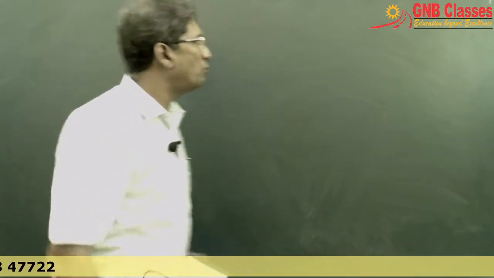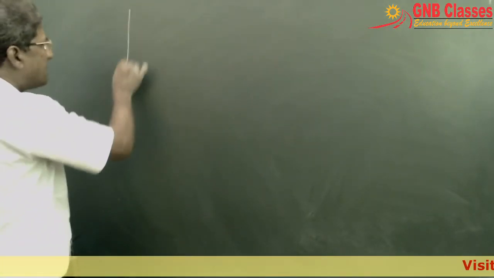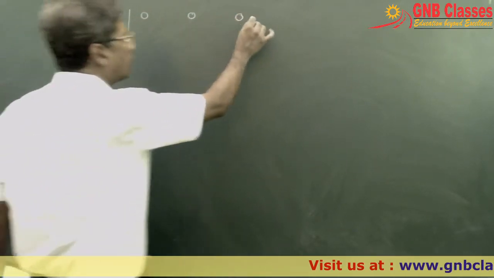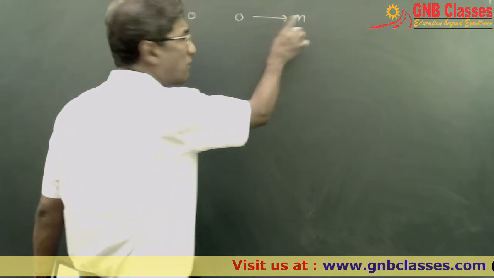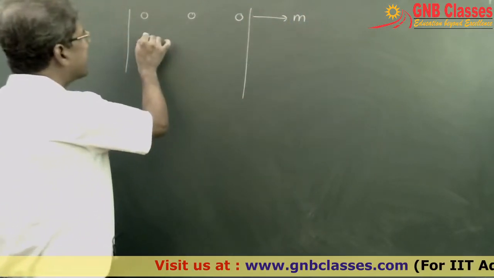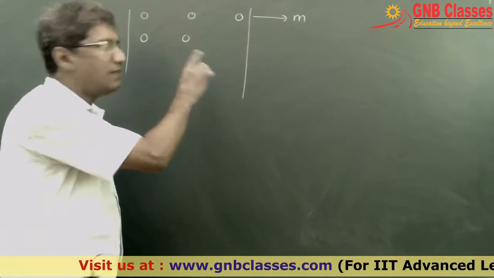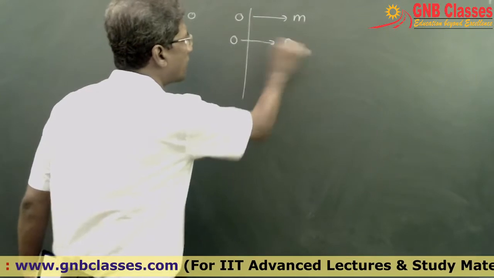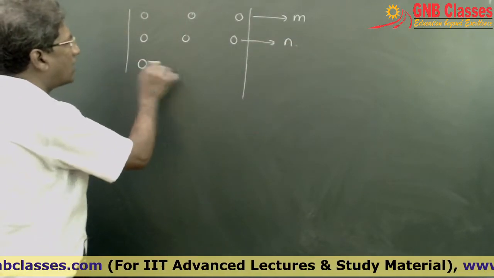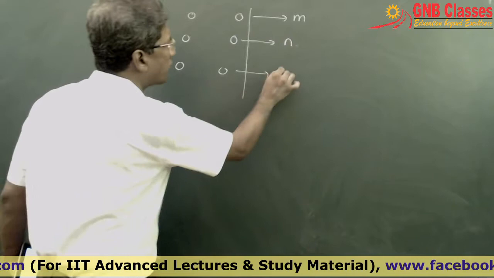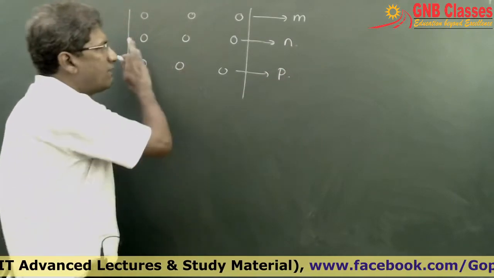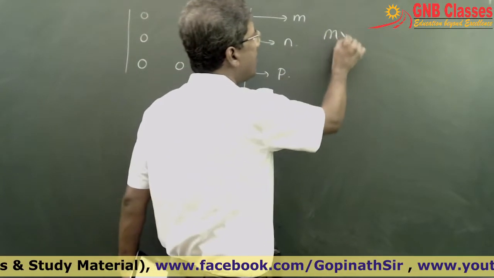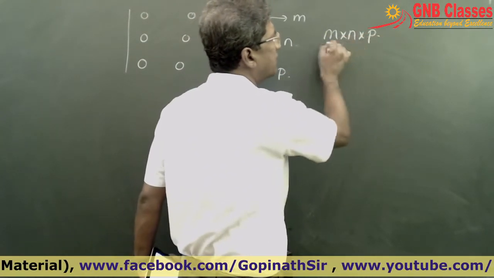First of all, we must remember that if a determinant's first row consists of a sum of m elements, the second row consists of a sum of n elements, and the third row consists of a sum of say p elements, then if you decompose this determinant, we are going to get m into n into p number of determinants.